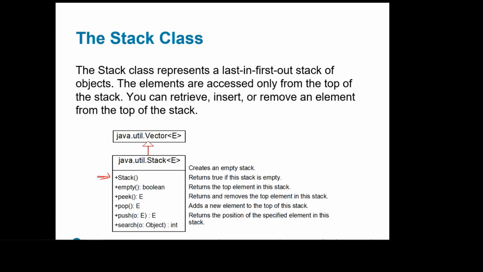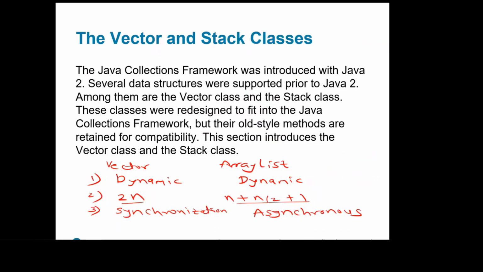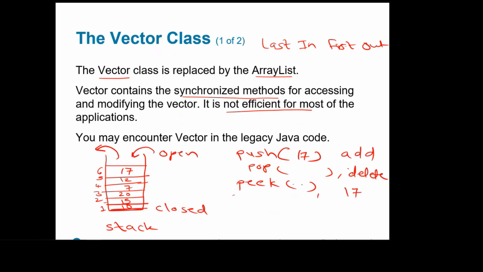The difference between peek and pop is that peek is only going to give us 17. If I run the peek function on the stack, it gives me the value 17, but it is not going to remove that value. But if you say stack.pop, it is going to remove 17, and then my stack will have all the values except 17.